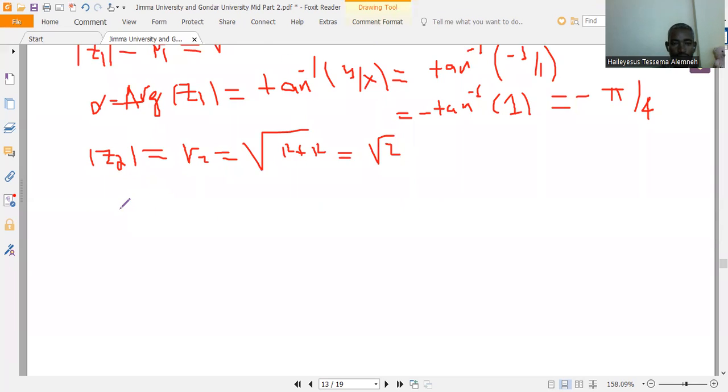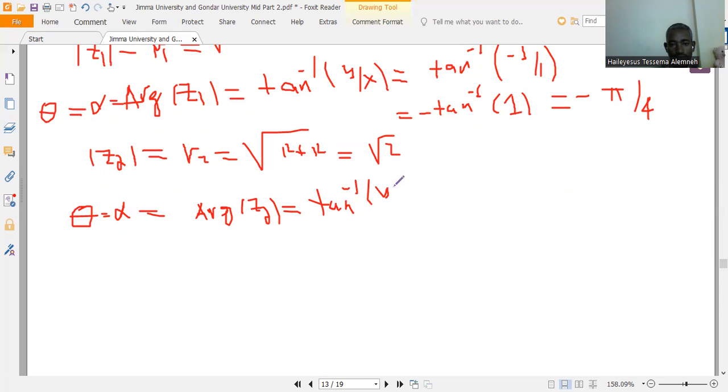And argument, which is alpha ብንለው or you can say theta, is equal to argument of z2, which is equal to tan inverse of y over x, which is equal to tan inverse of 1 over 1, which is 1. Tan inverse of 1 is pi over 4 ማለት ነው.